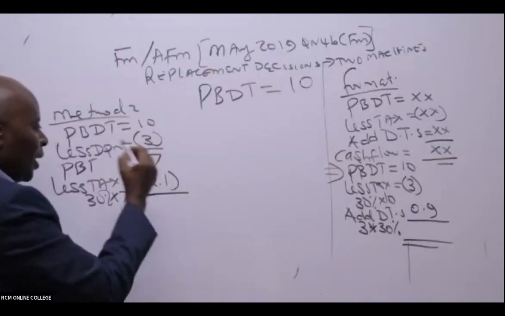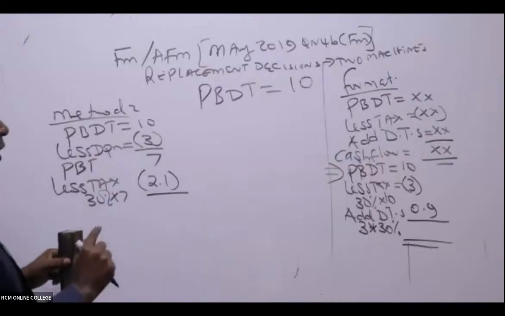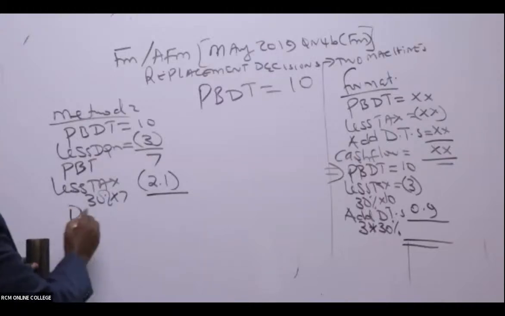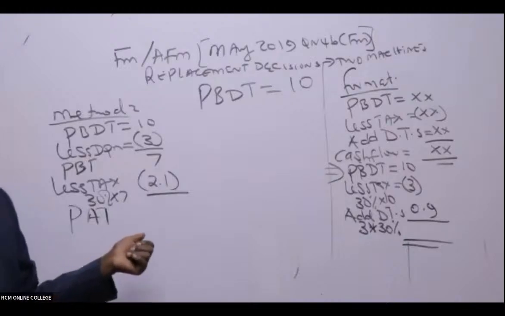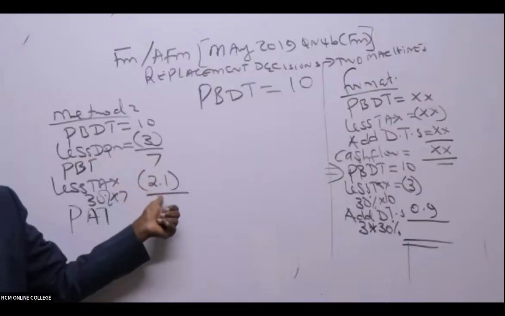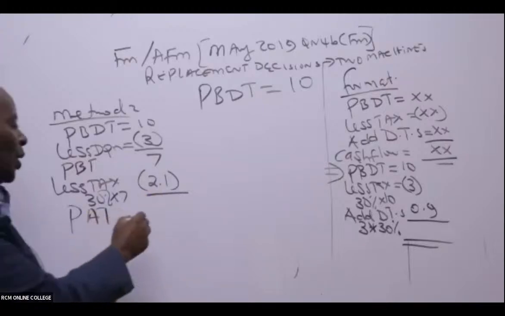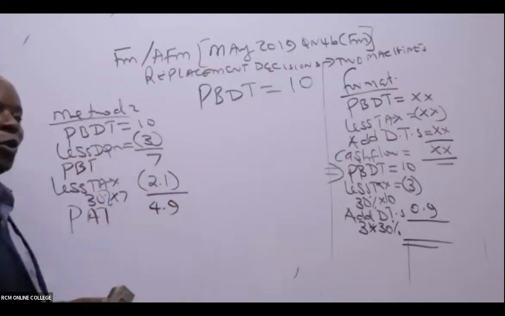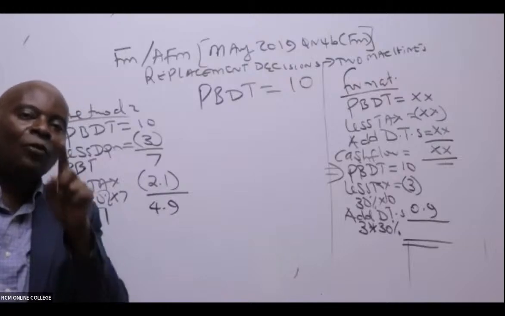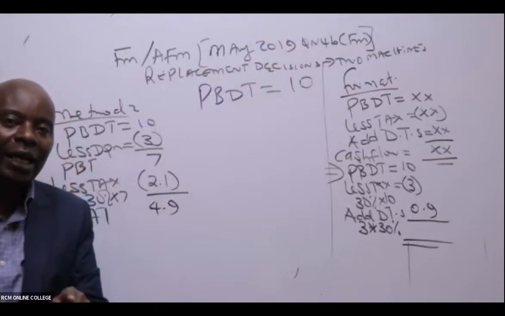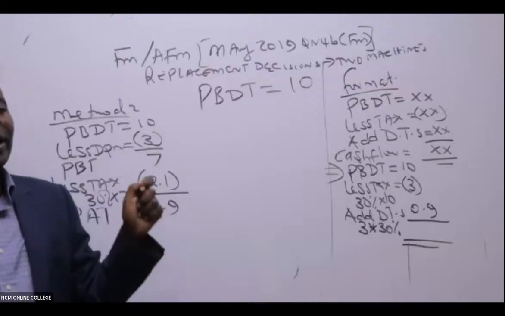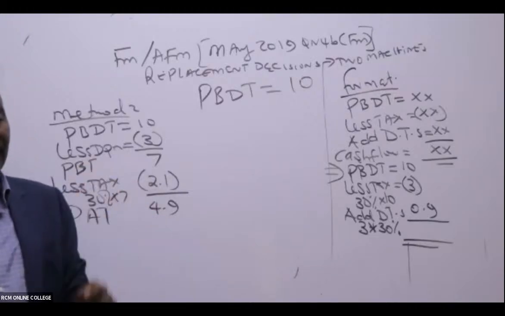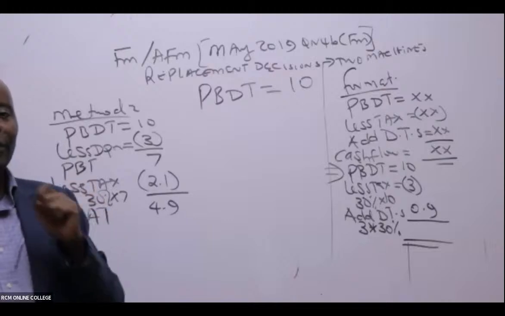So these ninjas are able to give me the profit after tax. What is this profit after tax? 7 minus 2.1, what are we getting? We are getting 4.9. If you're using this approach, after you get profit after tax, what should be the next thing for us to get cash flow?